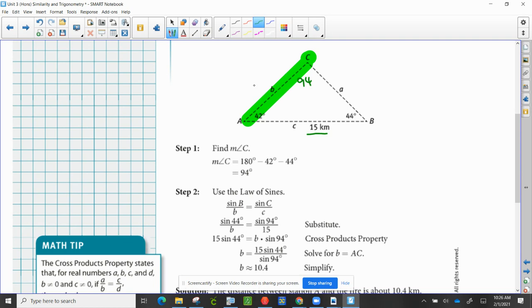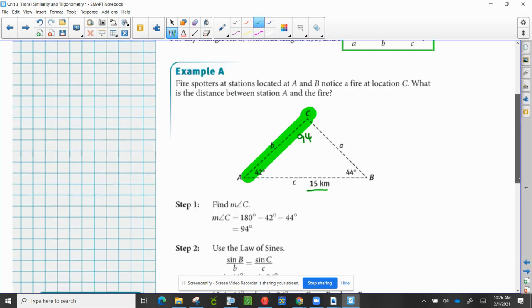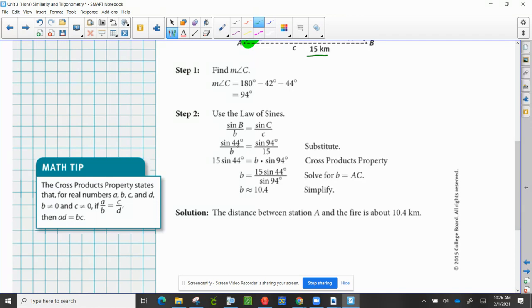And then since they're trying to find B, they're going to use the sine of B. So if they set it up, we have sine B over B is equal to sine C over C. So again, in this law of sines, you just have to see what you're given in your problem to know which two proportions you're going to work with, because you only need two to solve the problem. Then when you set it up, I would cross multiply these and then get your variable by itself by punching everything in the calculator, solving, and make sure you round to whatever they say.